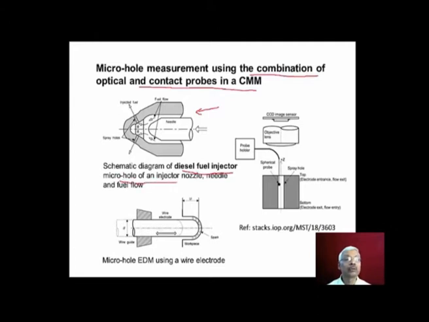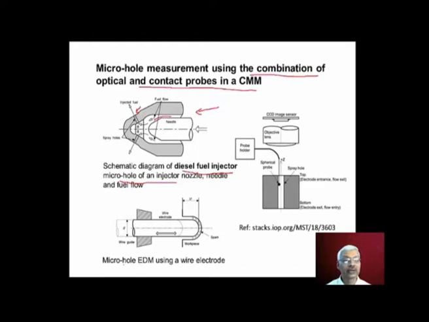These are the micro holes of injector nozzle, and this is the needle, and here the diesel fuel will flow and it will come out of the nozzles. So these are the spray holes.